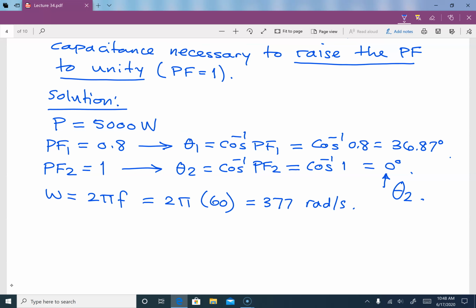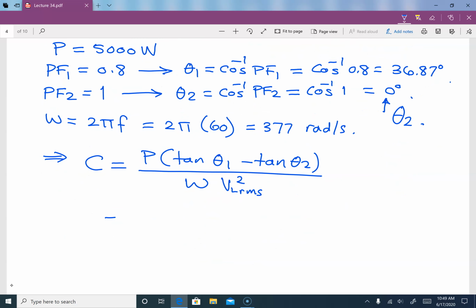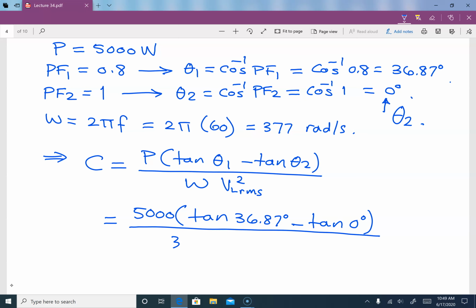So now all the values in the equation are known. So from that we can find the value of our capacitance. So that is P tangent theta 1 minus tangent theta 2 divided by omega VL RMS squared. So P is 5,000 multiplied by tangent theta 1, which is 36.87 degrees, minus tangent 0, which is theta 2, divided by 377 times the voltage across the load.